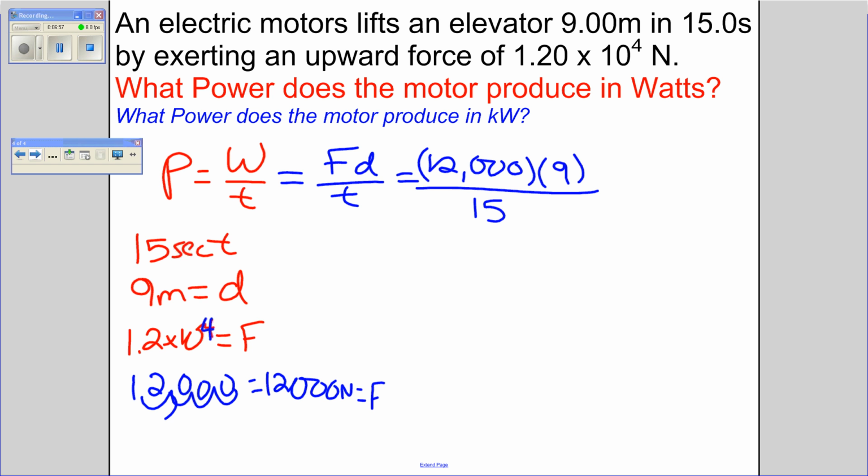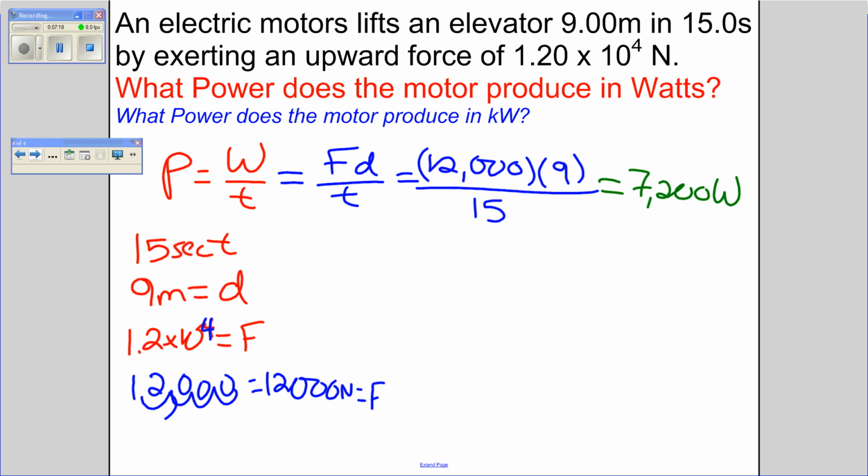So if you sit down with your calculator, 12,000 times 9 divided by 15 equals 7,200. And that is watts, 7,200 watts.